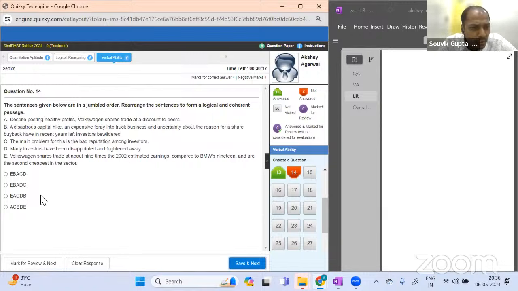If I just explore the option first and the second, EDA, E, a disastrous tough business and uncertainty, bewildered, they trade at a discount to peers.